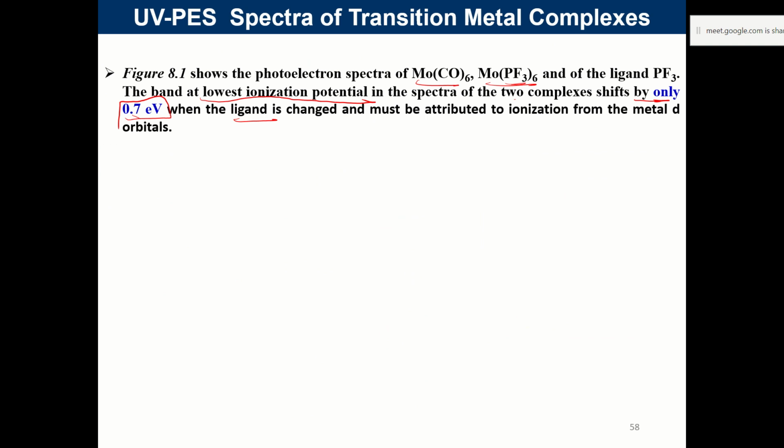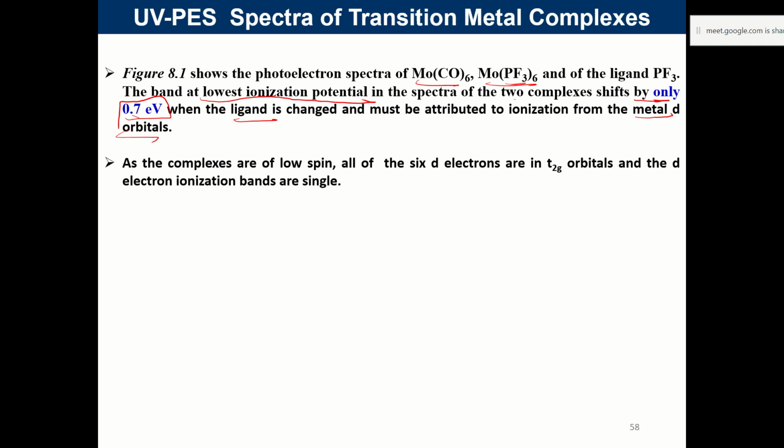The one which changes the least is definitely the metal d orbital, okay, because the metal d orbital is completely full, it is not participating in the bonding, and so it should be least affected.